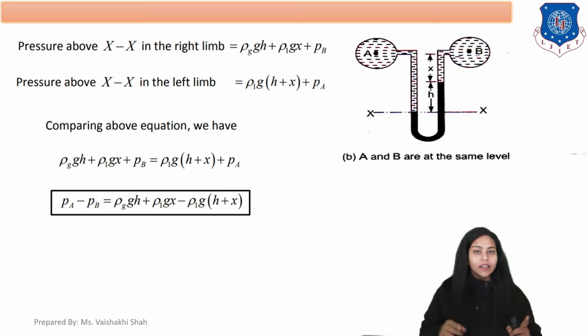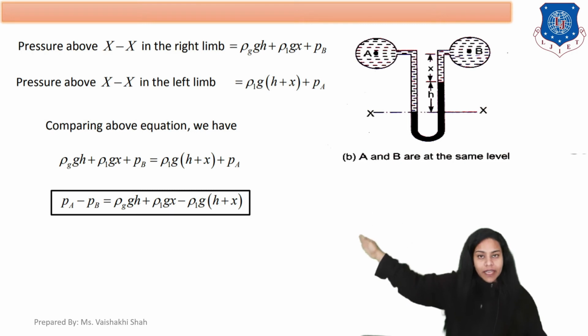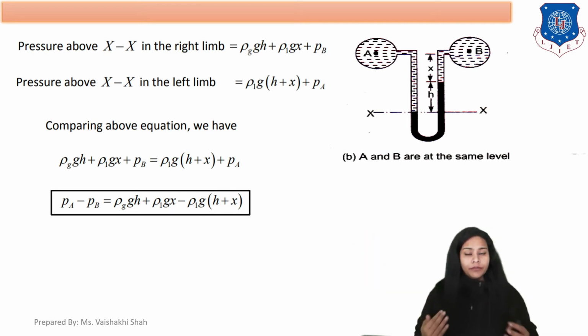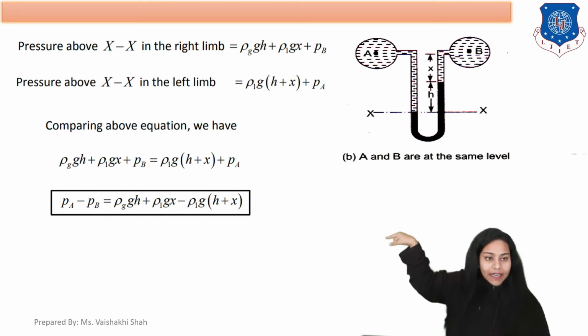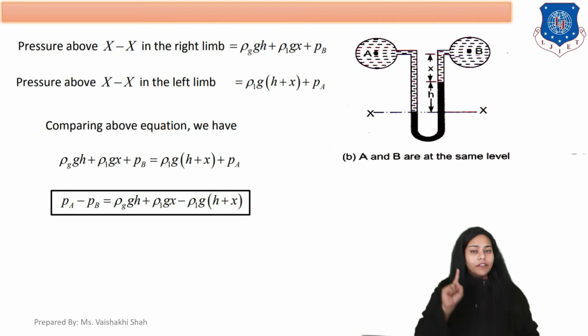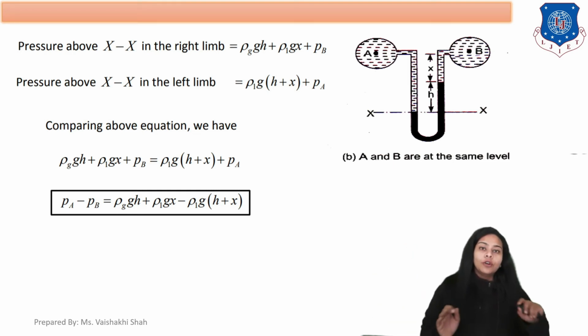Now, for this derivation, we have taken the same fluid in pipe A and pipe B. As you can see in this diagram or in the derivation, the density of liquid in pipe A is rho 1 and the density of liquid in pipe B is also rho 1.